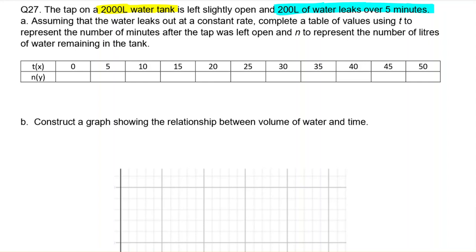Complete the table of values to represent the number of minutes after the tap was left open, and n to represent the number of liters. At 0 minutes we know that there was 2000 liters. After 5 minutes we started losing water, so just subtract 200 every time.